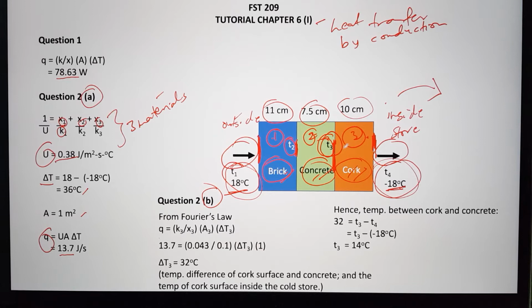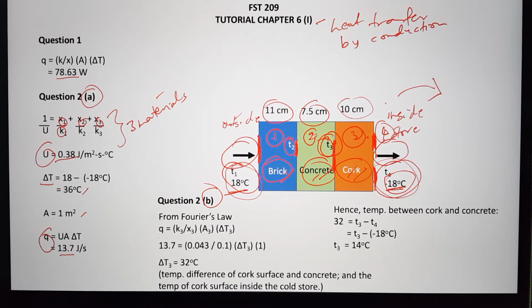Now your main reference will be material number 3. Why material number 3? Because for the fourth part, inside of the store, I label this as number 4, and for this number 4 we have a temperature value on the surface of the wall inside the store.